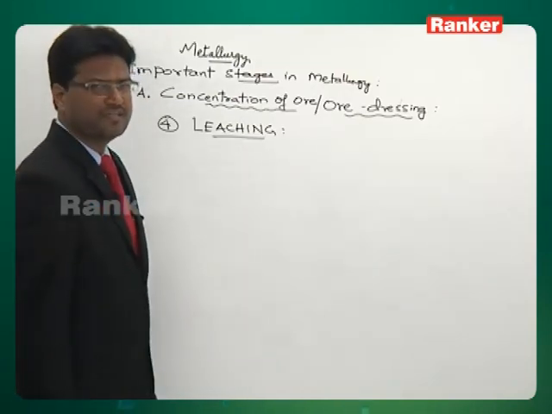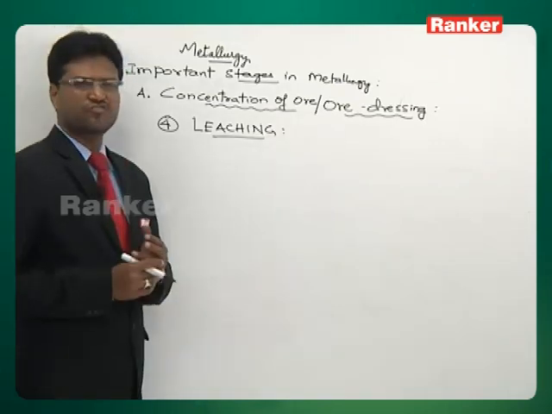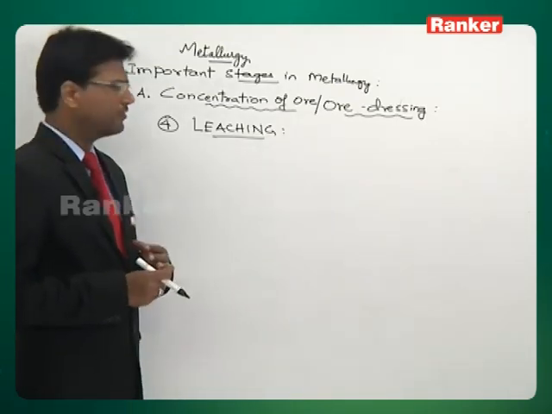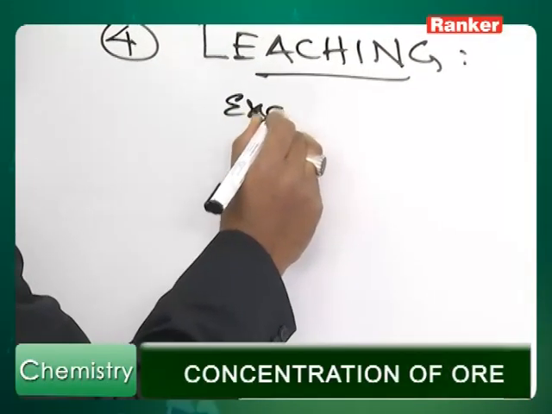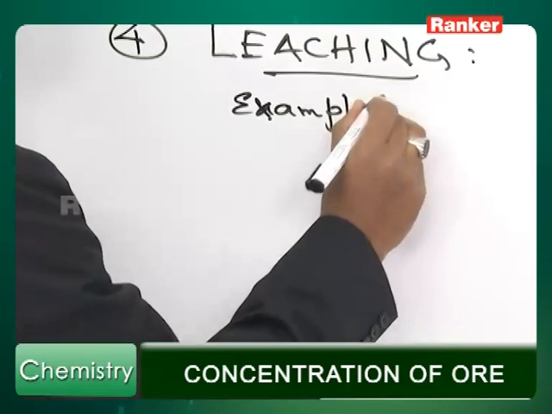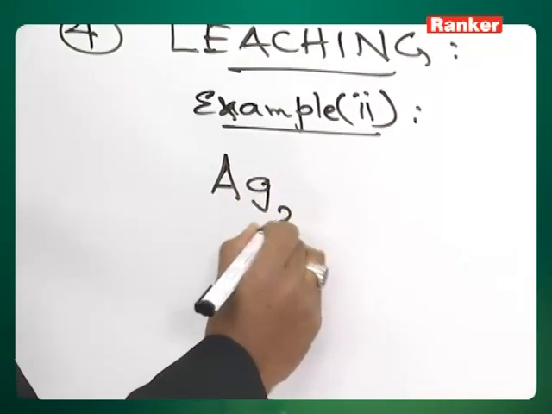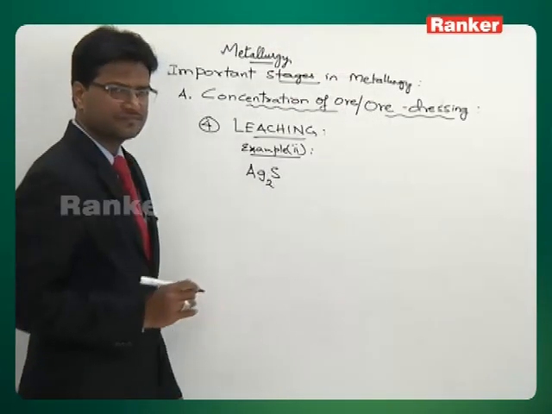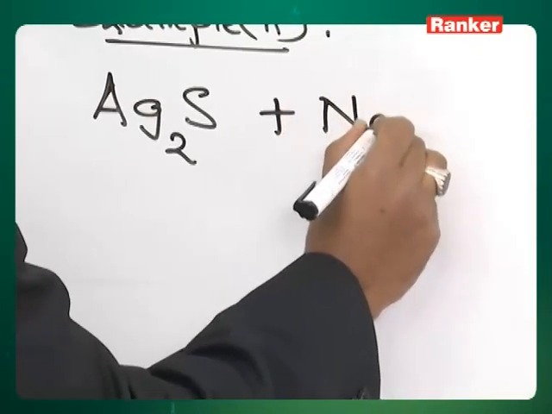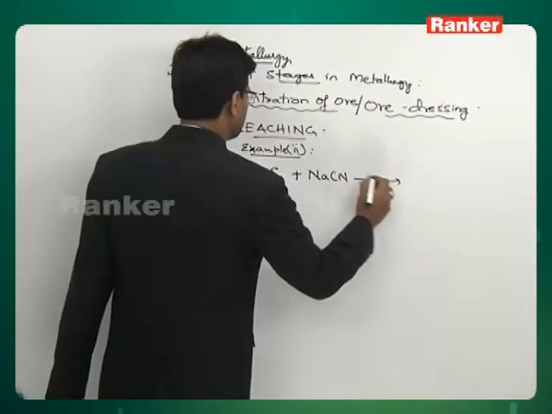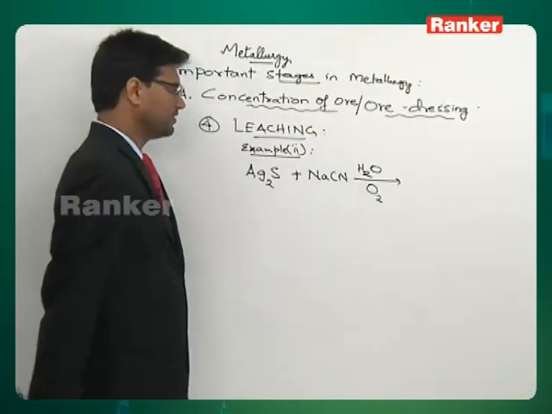Another example of leaching is during extraction of silver and gold. Look at this. Example 2. This is an ore of silver called silver glance. You add NaCN, water, and you bubble air also, oxygen of air.